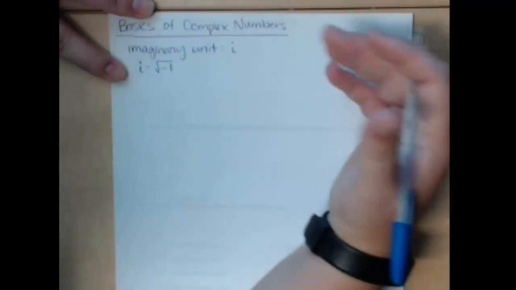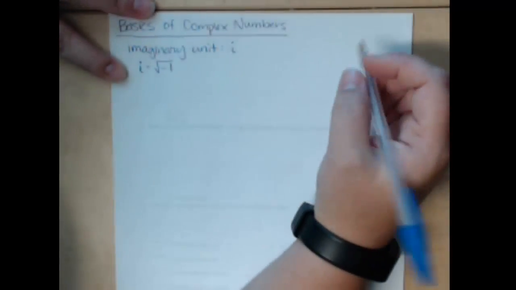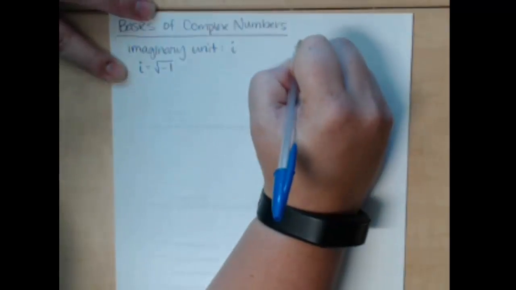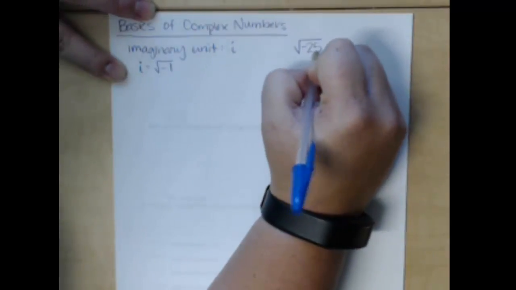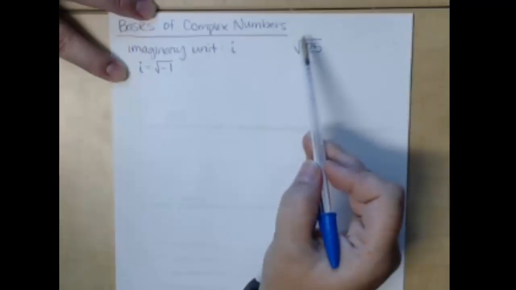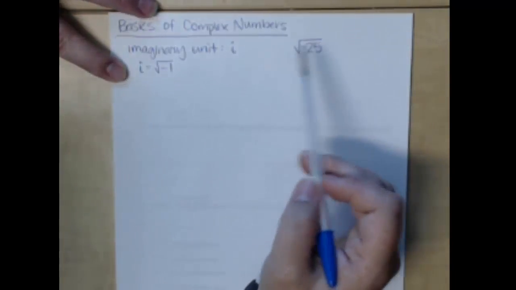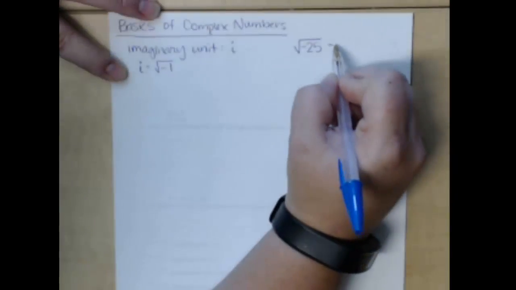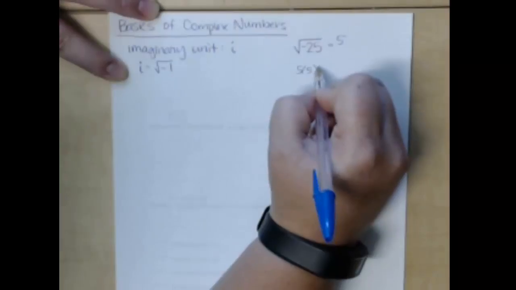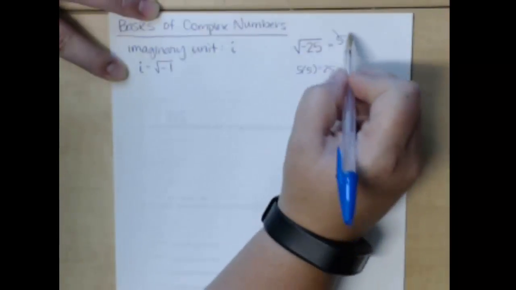Because with all the radicals we've been doing, if we ever came in contact with something like the square root of -25, this is actually something that we are not capable of simplifying, right? We can't say it equals 5, because 5 times 5 is +25. So that doesn't work.